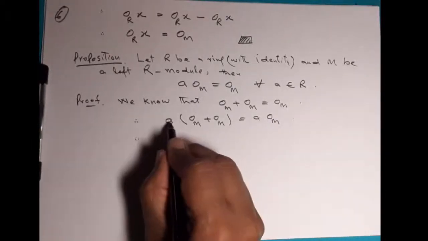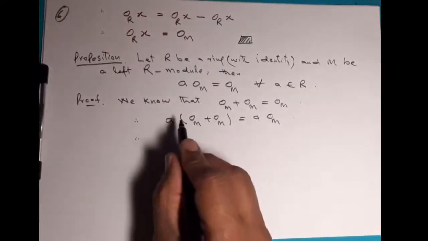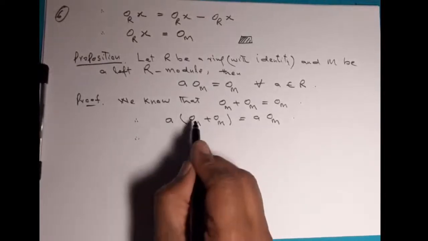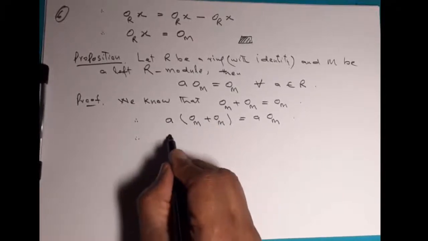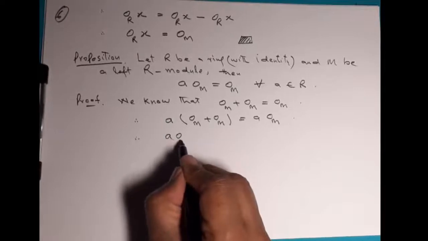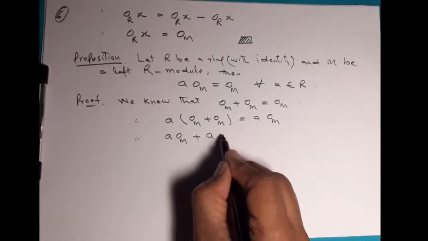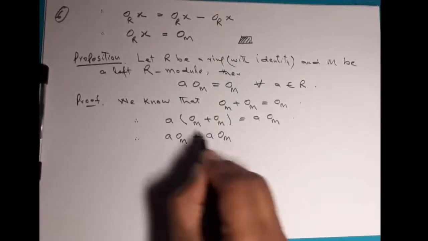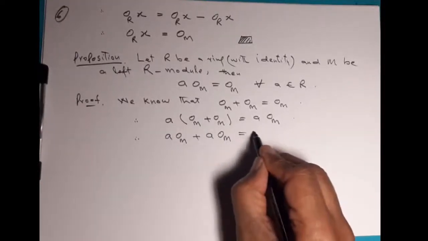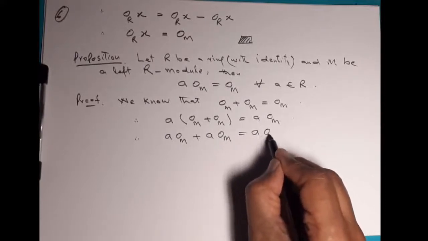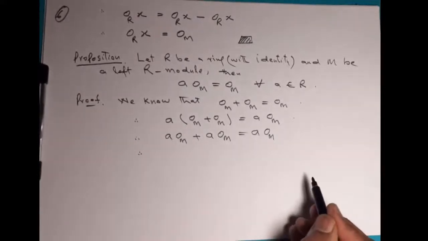And therefore, use that condition of the definition of module, that when we multiply an element of a ring with the sum of two elements of the module, then this element of the ring gets multiplied with both elements: A multiplied with 0 of M plus A multiplied with 0 of the module. Remember that we are doing this because of the conditions of the definition of module, and this is equal to A into 0 of module.